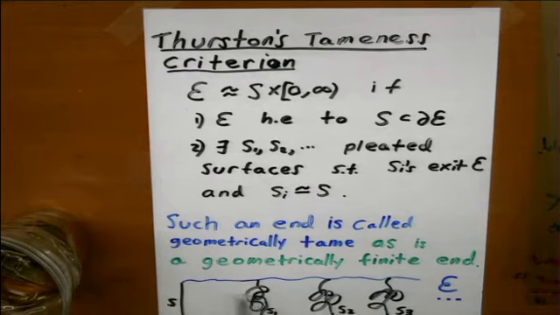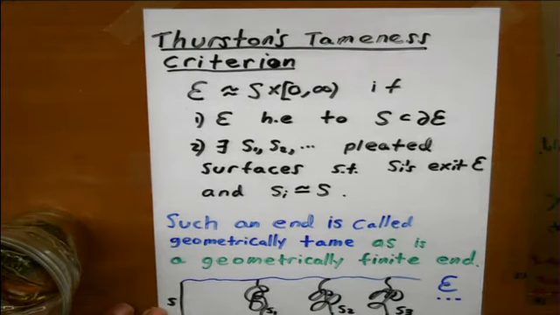That is, for any compact set, only finitely many of these surfaces hit it. Another way of saying this, as I mentioned, is that there are different ways of thinking about surfaces in a manifold with intrinsic curvature minus one or less. So there's a sequence of surfaces that exit the manifold whose intrinsic curvature is less than or equal to minus one, and these immersed surfaces are homotopic to this base surface.